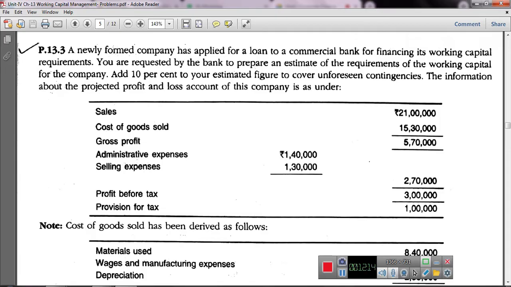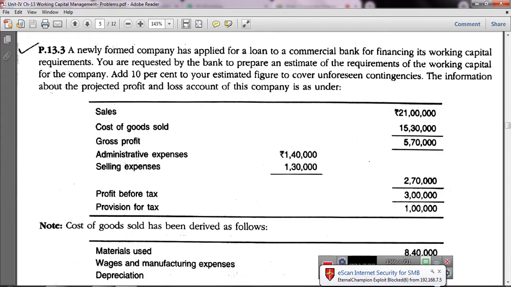So that's why I said at the beginning of unit 4, working capital management, you need to have a very strong conceptual background of accounting for managers in semester 1. So this unit will be very easy for you to understand and learn. Let us look at their projected profit and loss account.